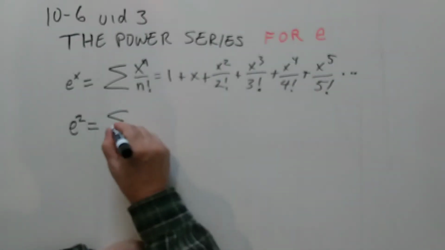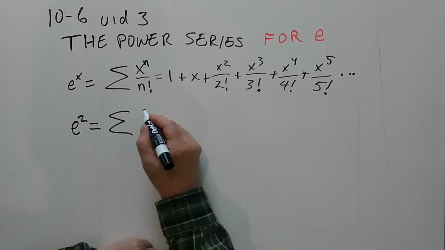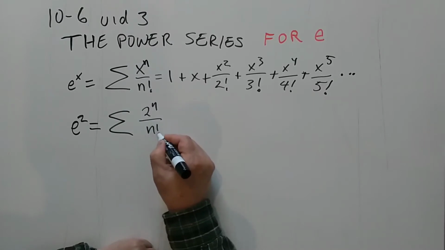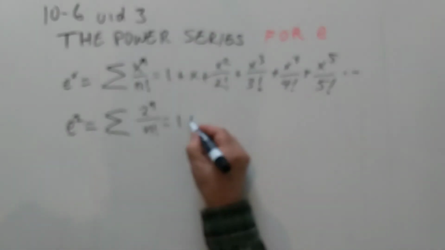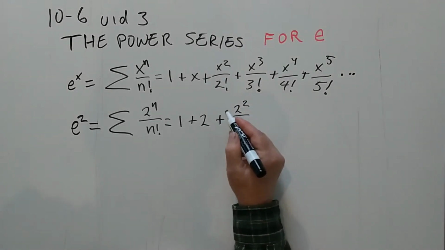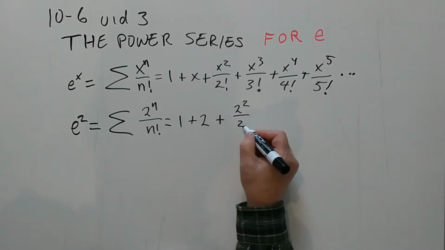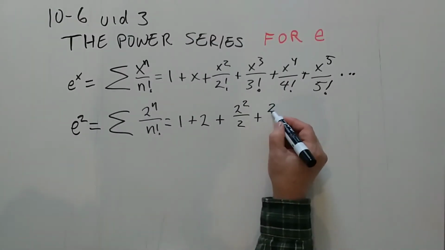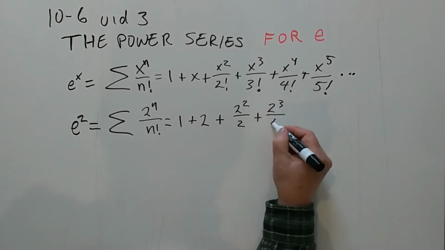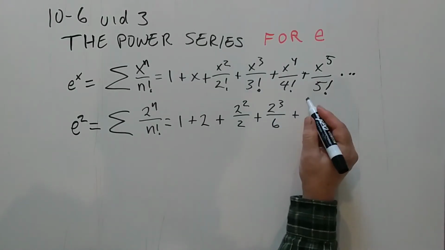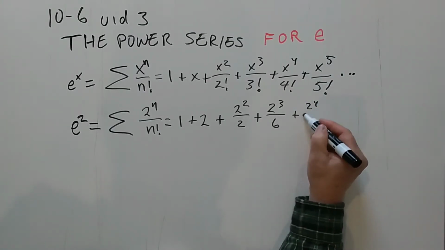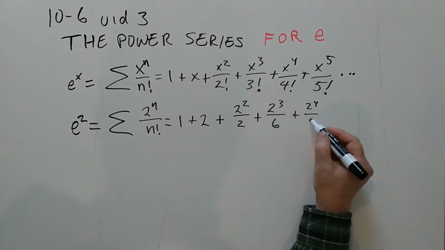That would be the sum of 2 to the nth over n factorial, which would be 1 plus 2 plus 2 squared over 2 factorial, which is 1 times 2, which is 2, plus 2 cubed over 3 factorial, which is 1 times 2 times 3, which is 6, plus 2 to the 4th power over 4 factorial, which is 24.